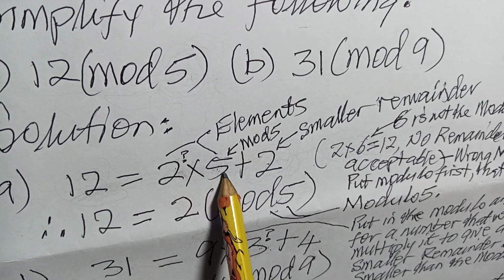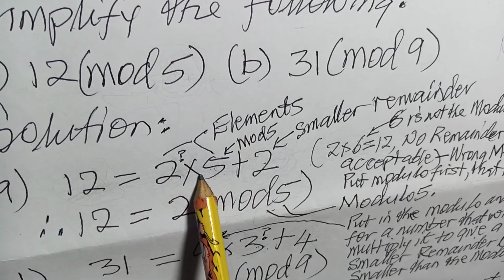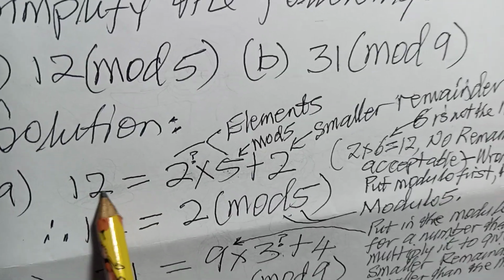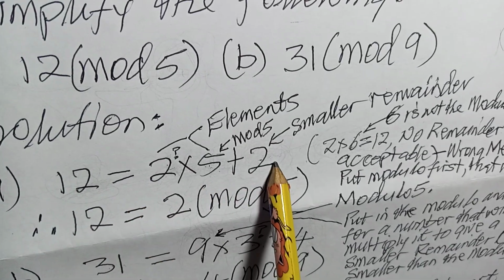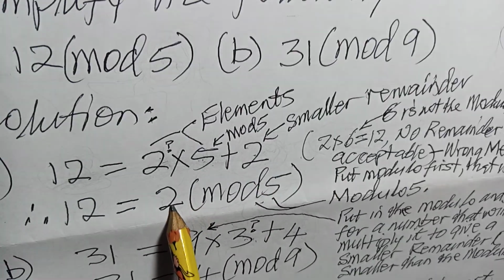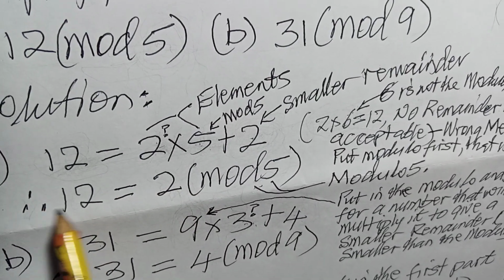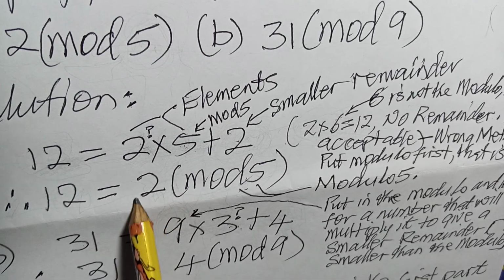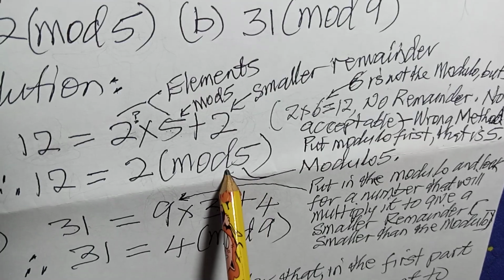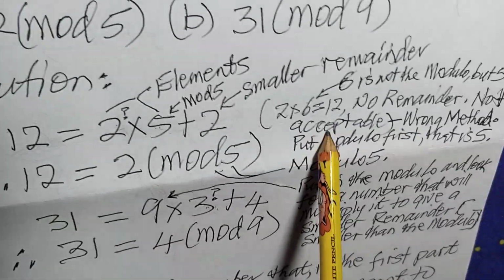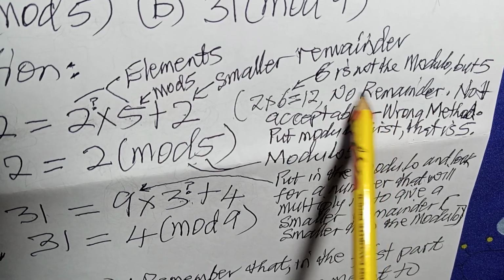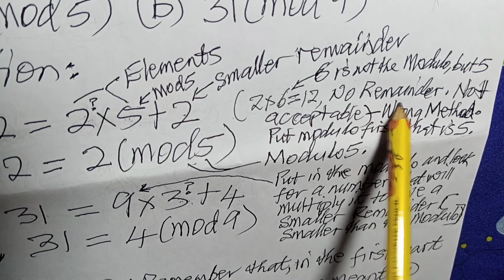Then when you say 2 times 5 is 10, 10 deducted from this 12 will give us the remainder 2. This 2 is now brought down. The answer, therefore, for 12 equals 2 bracket modulo 5. Let us always understand that the whole thing is going around this remainder.